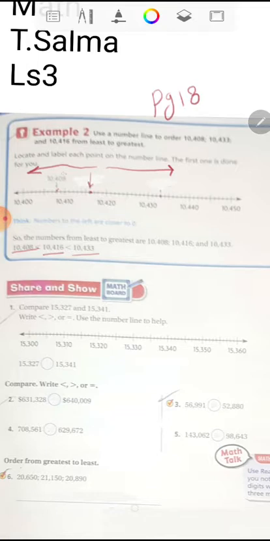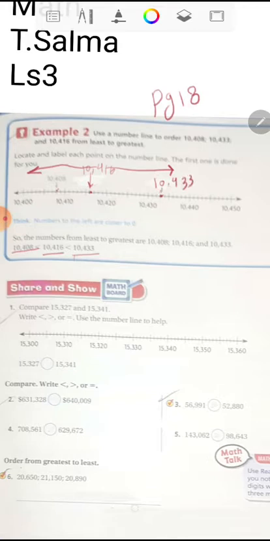If you count here after 10,410, if you count 11, 12, 13, 14, 15, 16. So this number is 10,416. And if you count here this little distances or small distances, you will find the next number 10,433. It will be here.